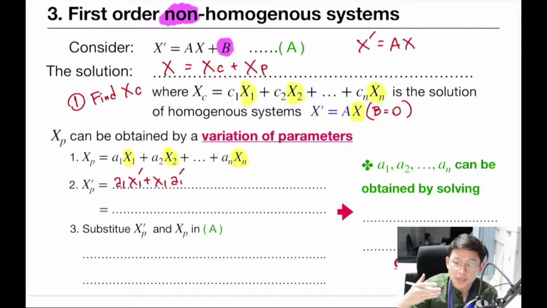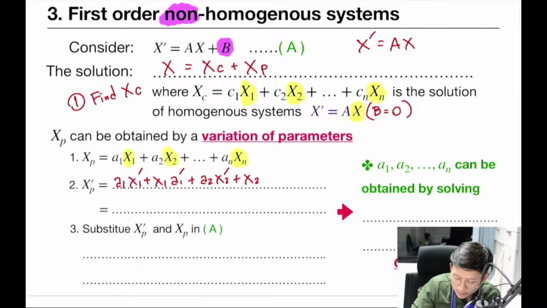So it would be a1 x1 prime plus x1 a1 prime, and the next one would be a2 x2 prime plus x2 a2 prime, and so on until an xn prime plus xn an prime.